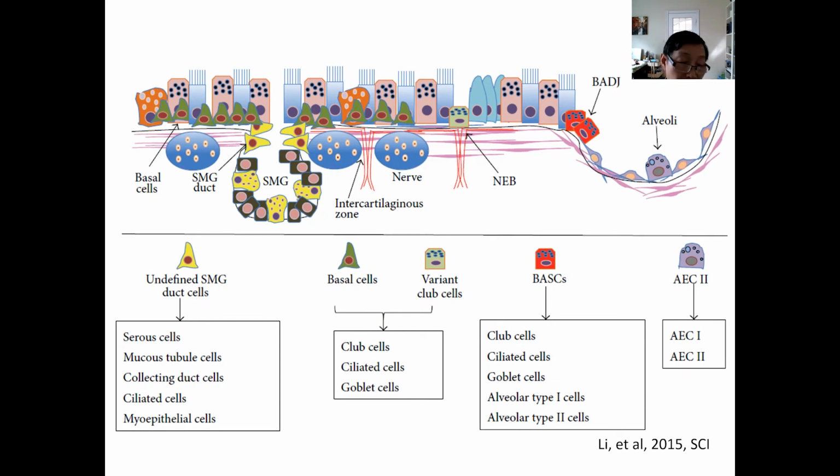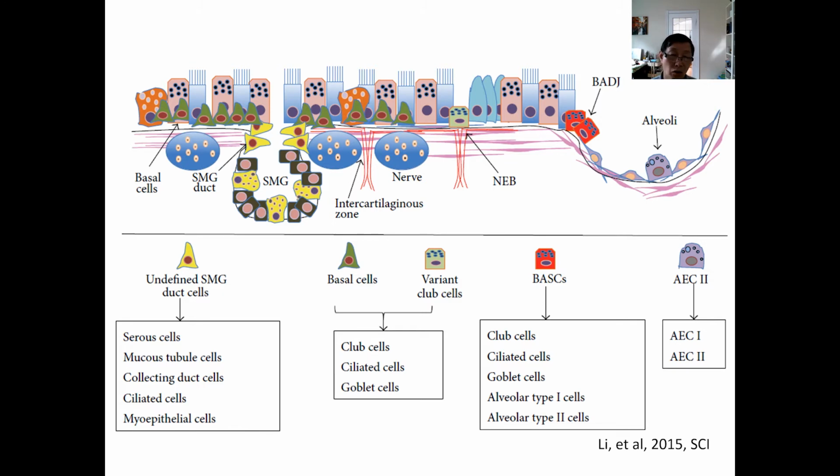Because our vector does not integrate into the host genome, we cannot achieve permanent gene correction. One solution to overcome this is to integrate the CFTR gene into airway stem cells or progenitor cells. Fortunately, as shown here, in the human airway there are a lot of stem cells or progenitor cells along the whole airway.